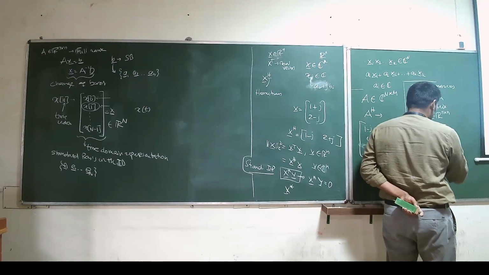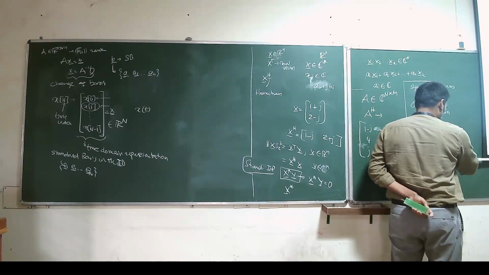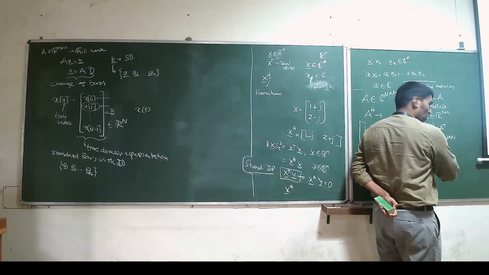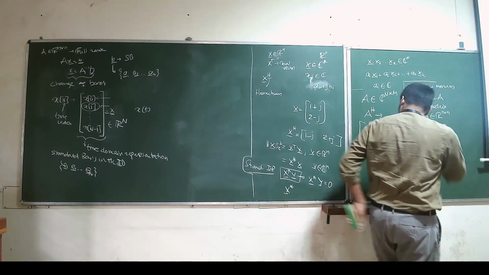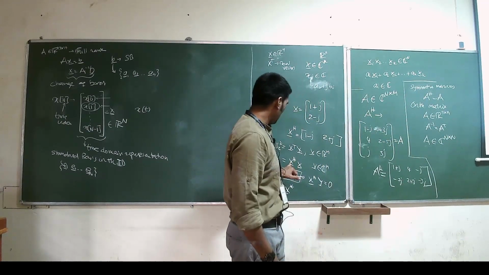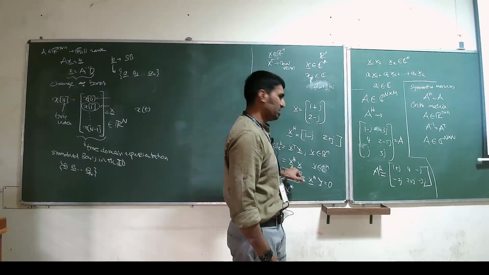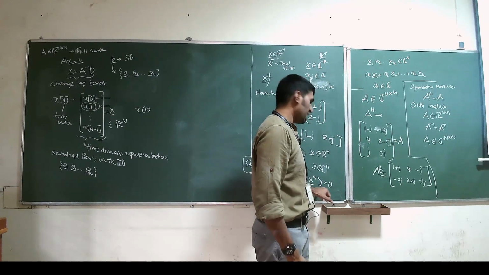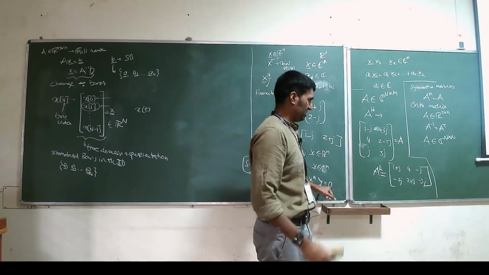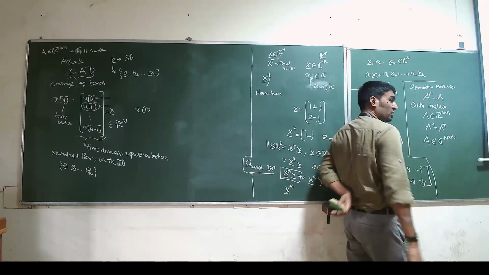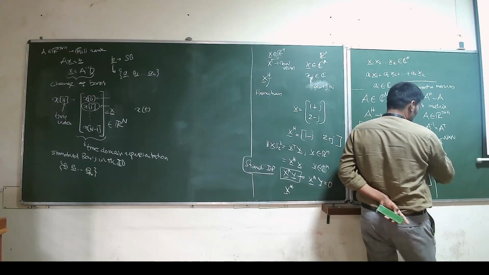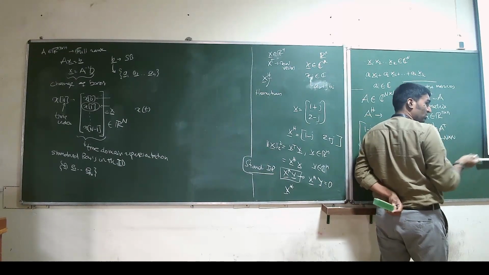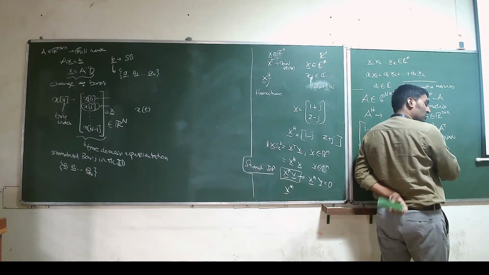You have a similar situation when you have C n cross n. The columns form an orthonormal basis. That means for each column, Ai Hermitian Ai is 1. Ai Hermitian Aj is 0 when i is not equal to j. That's what it means to say the columns form an orthonormal basis for Cn. And what is the condition in terms of its inverse? The inverse exists because the columns form an orthonormal basis.